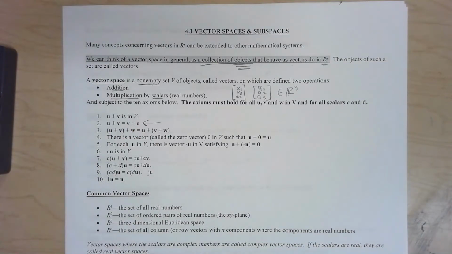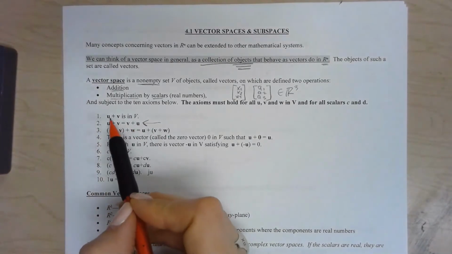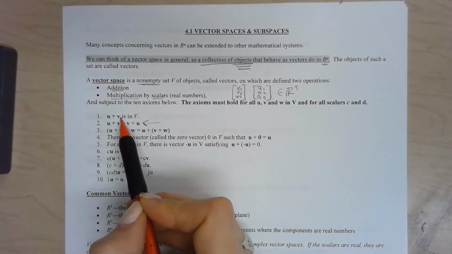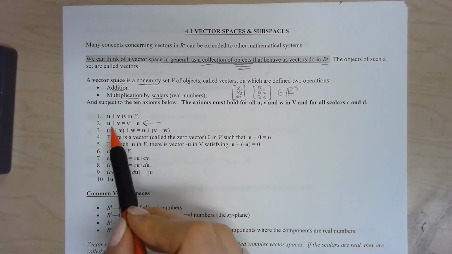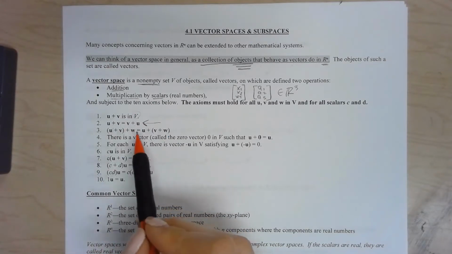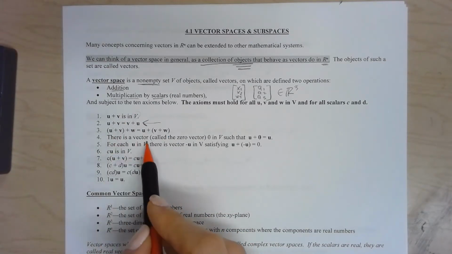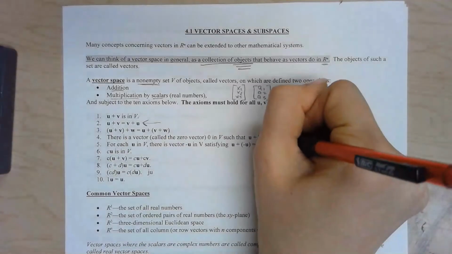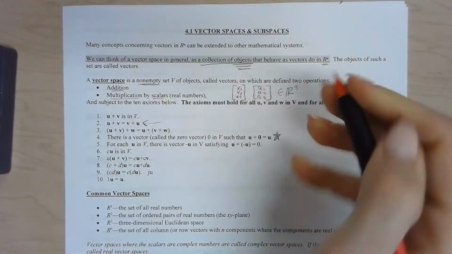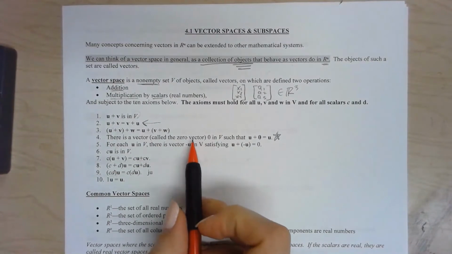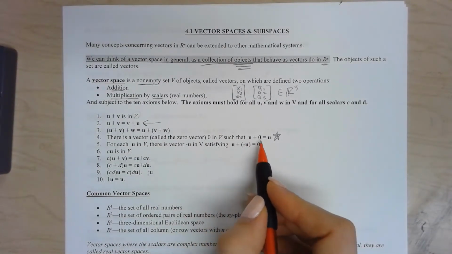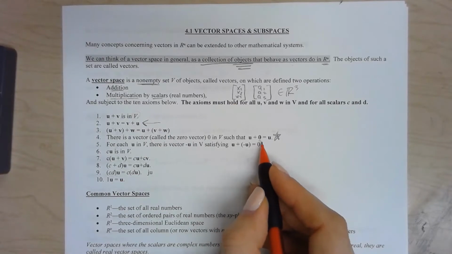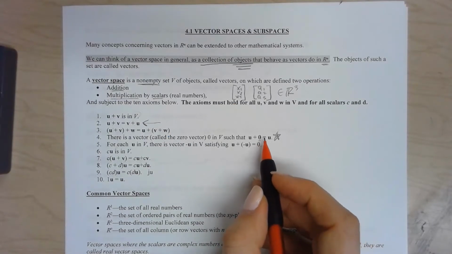So what each of these axioms means is that if I add 2 vectors together, the result will still be in the vector space. The commutative property holds. The associative property holds. There has to be a 0 vector, and the 0 vector is actually defined in a very specific way. It's not necessarily 0, but we think about it as being the additive identity.